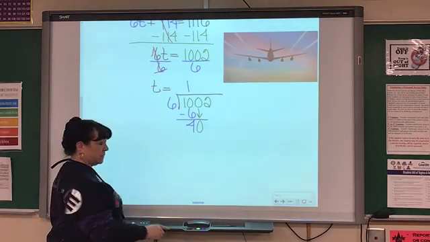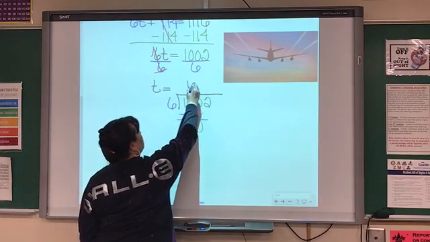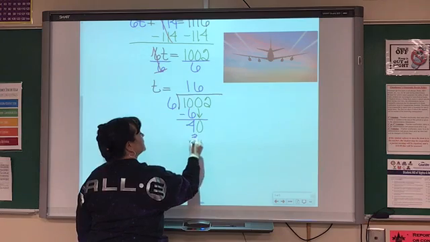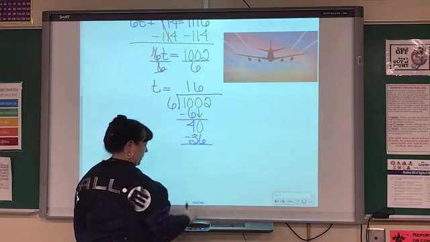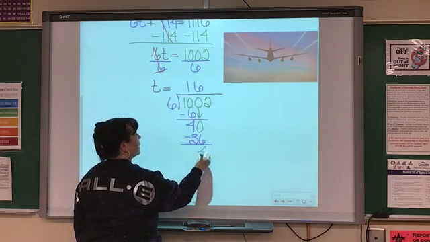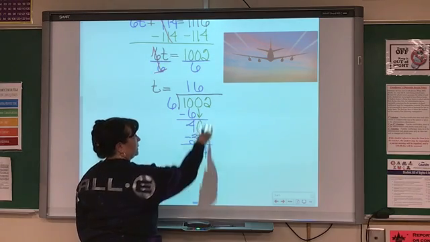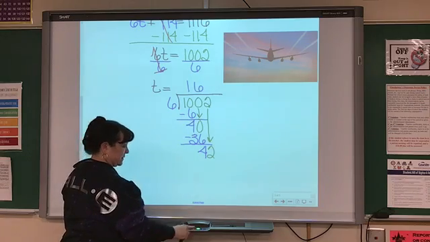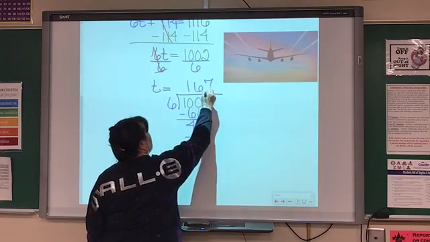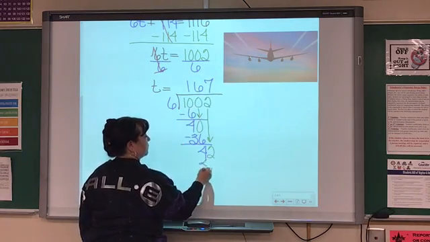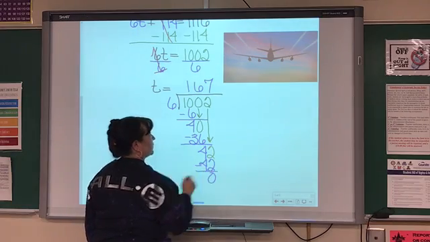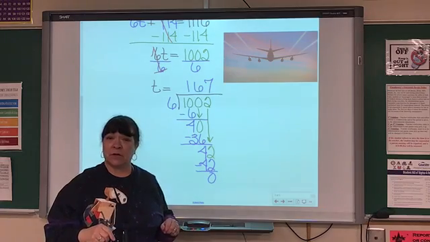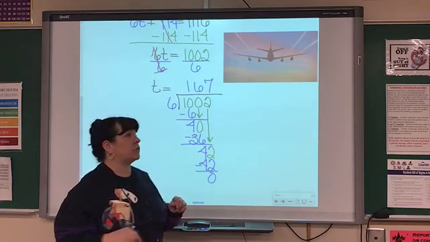I now have 40. 6 fits into 40 6 times, which is a 36. And you might go, oh, wait a minute, I'm getting a 4 again. But my next number I'm bringing down is a 2. So this isn't really repeating. And 6 fits into 42 7 times, 6 7s are 42. I have no leftovers. If I did, I would need to put a decimal and put several zeros, then maybe round it off to 2 places after the decimal.